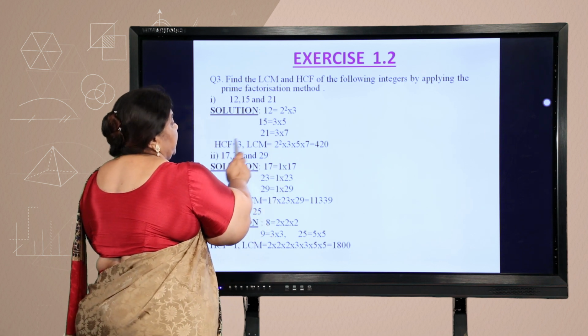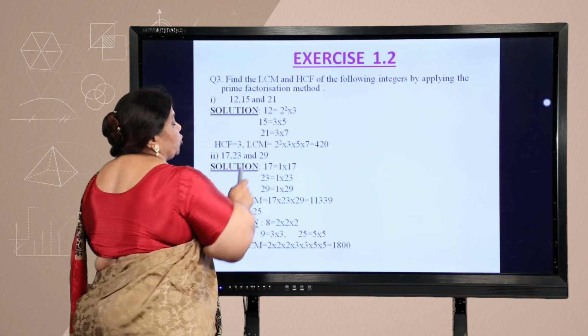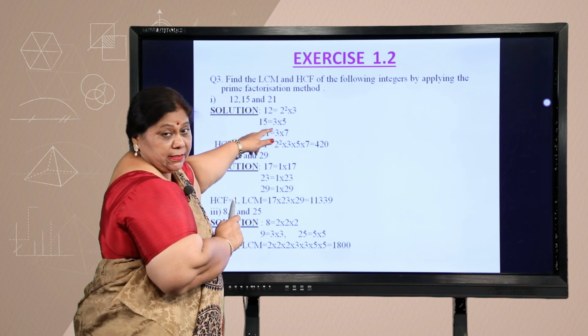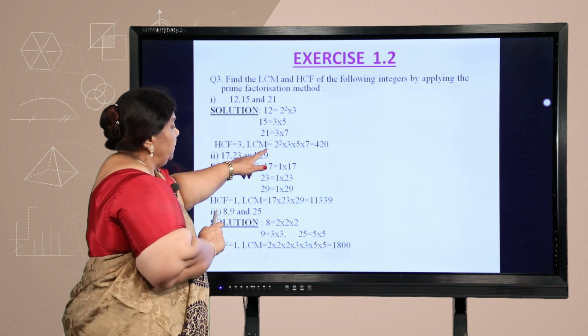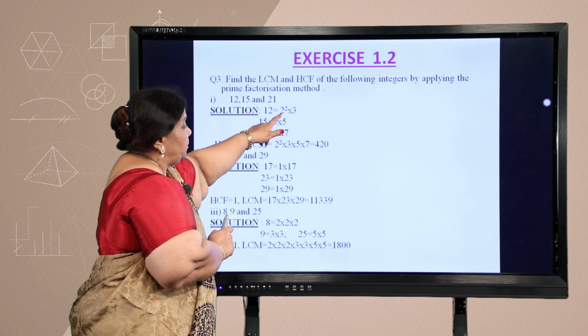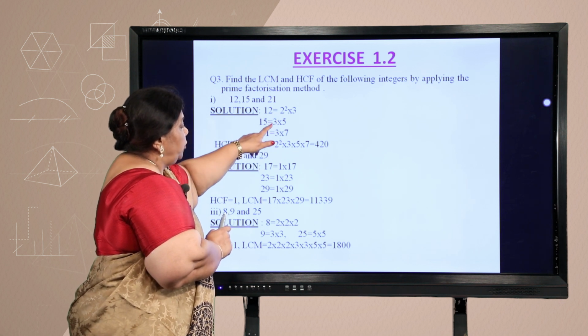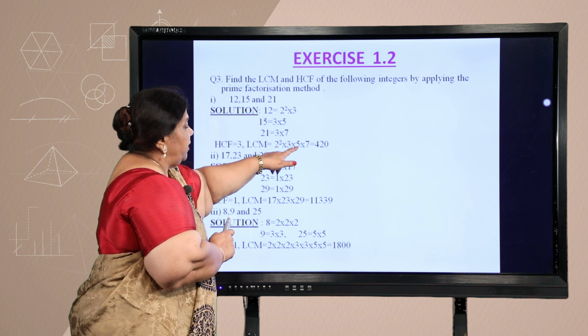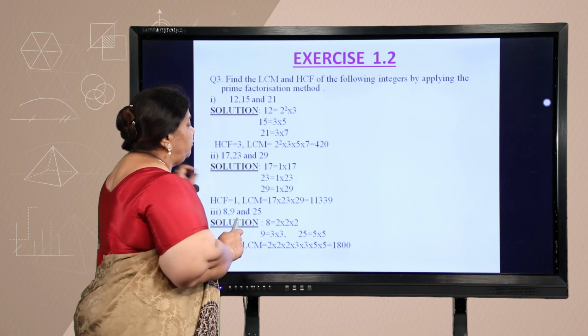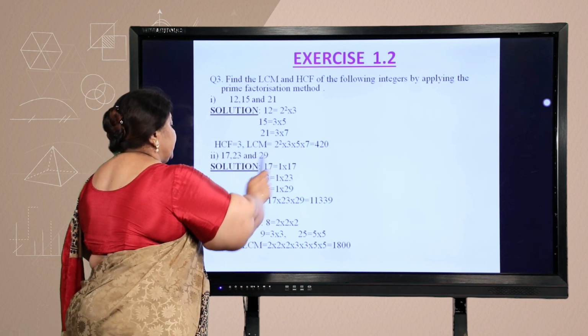Now, HCF is 3 because only 3 is common in all the 3 numbers. And what about LCM? We take the higher power, that is 2 square into 3 into 5 into 7. So, we have 420 as LCM.